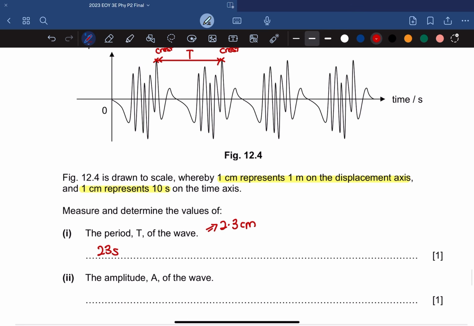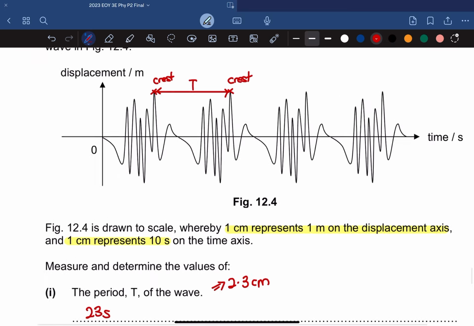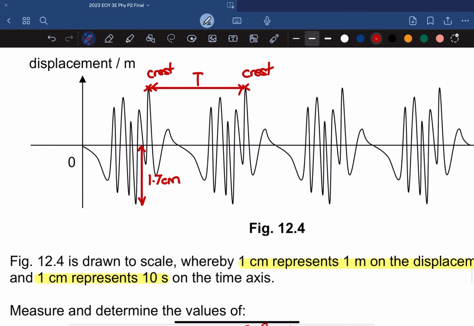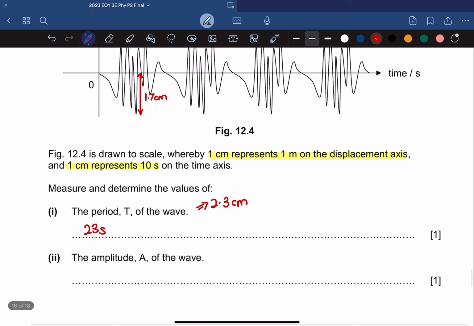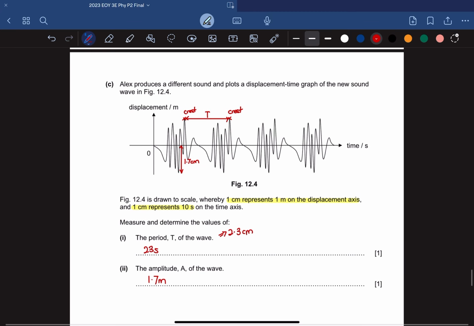For the amplitude, remember amplitude is from the equilibrium position to the maximum displacement. If you measure very carefully, the maximum displacement is this distance here, which is 1.7 cm. So the amplitude of the wave will be simply 1.7 meters. And this will be the answer for question 12.